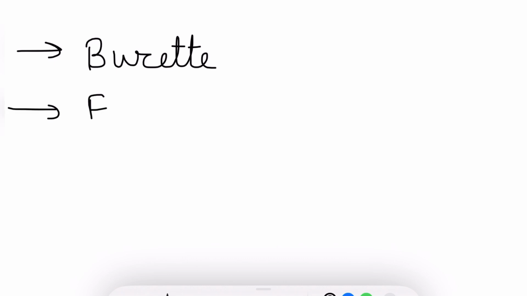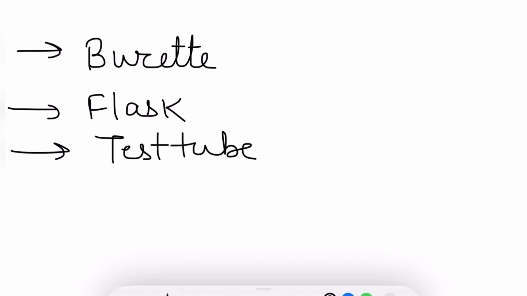Apparatus used for the titrations are burette, in which we fill potassium permanganate, flask, in which we have a mixture of dilute sulfuric acid with Mohr salt or oxalic acid, test tube, pipette.